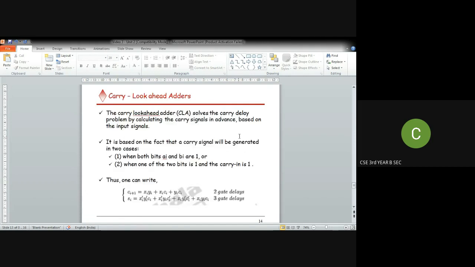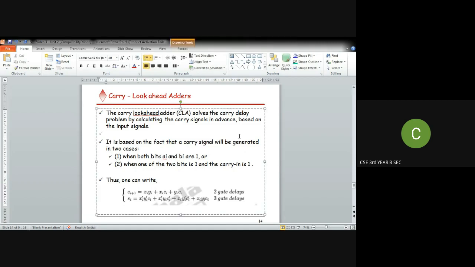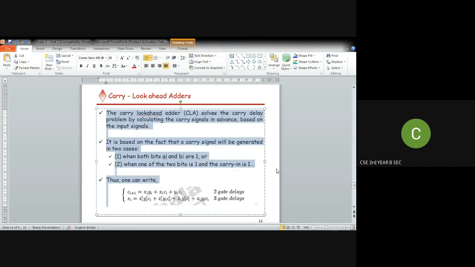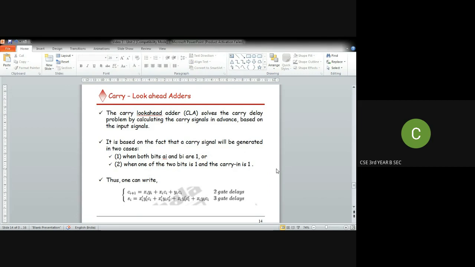So in order to do the parallel bit addition, we are using another adder concept called the carry look ahead adder. The carry look ahead adder solves the carry delay problem by calculating the carry signals in advance based on the input signals.